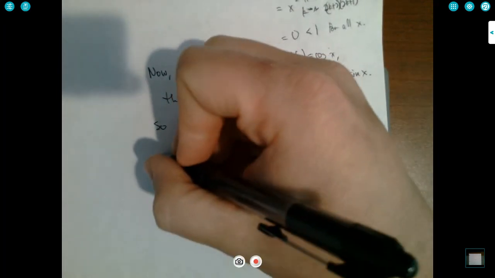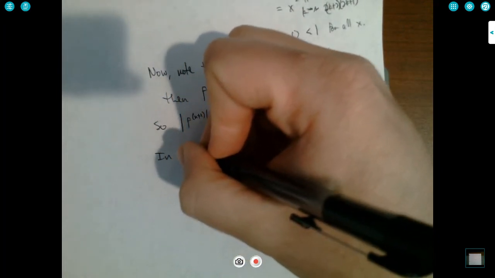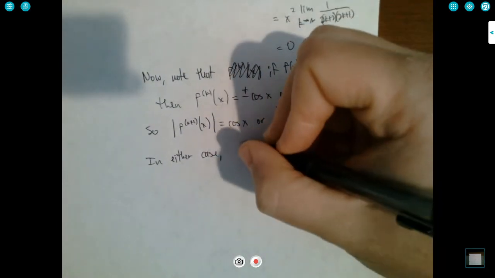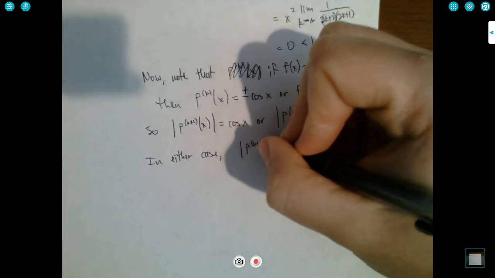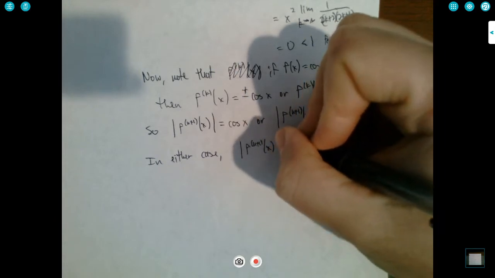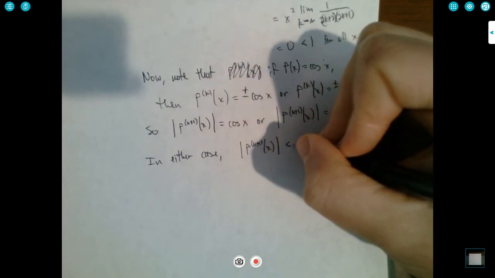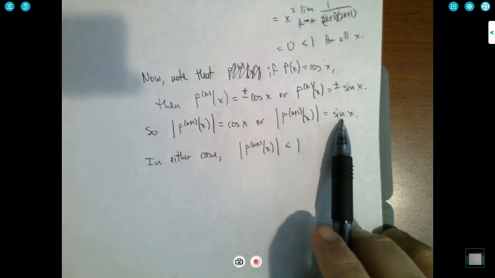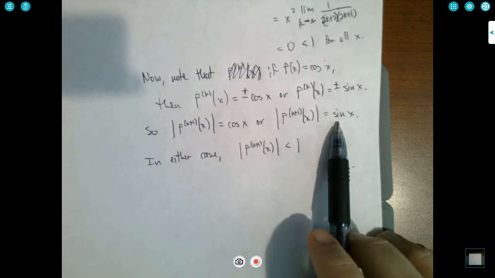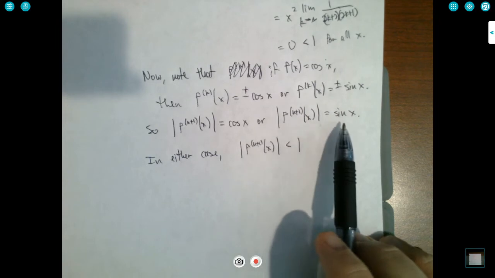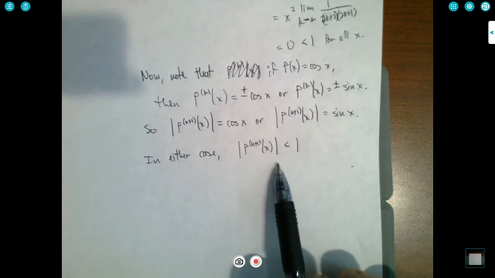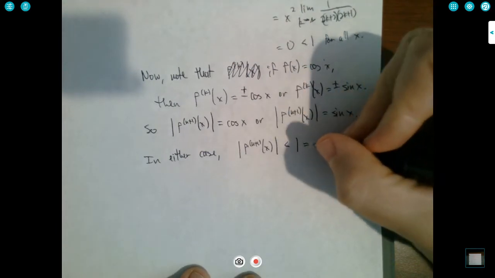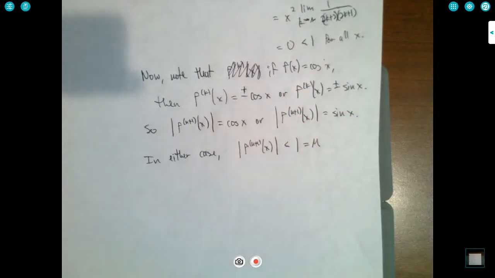In either case, the absolute value of the n plus first derivative is going to be less than 1, because sine and cosine are both between -1 and +1 all the time, so their absolute values are between 0 and 1. So this thing is less than 1, and so 1 is our upper bound, M.